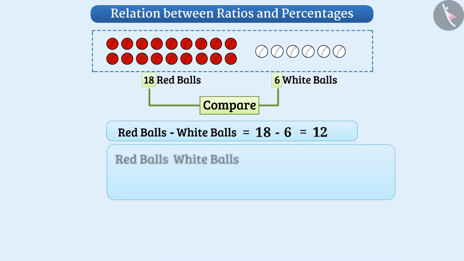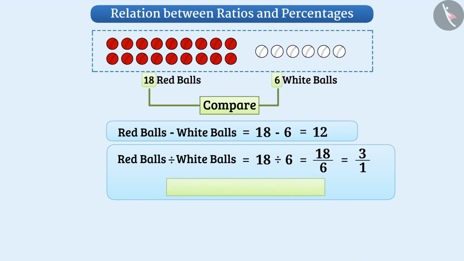Similarly, we can also compare them by division, such as number of red balls divided by number of white balls. We can also write this as 18 divided by 6, from which we get 3 divided by 1 as a fraction. This tells us that the number of red balls is 3 times the number of white balls.